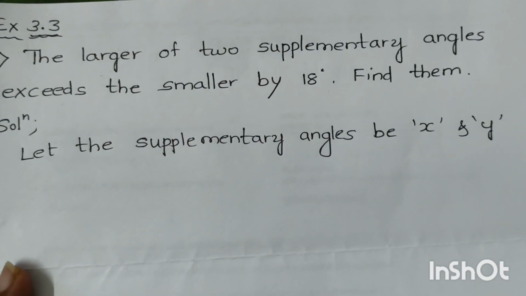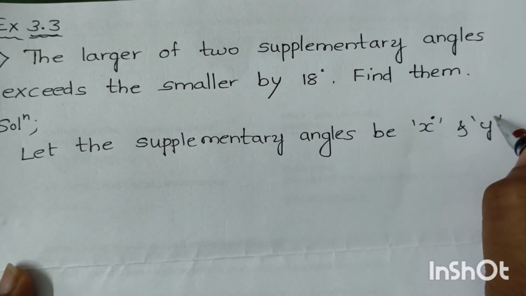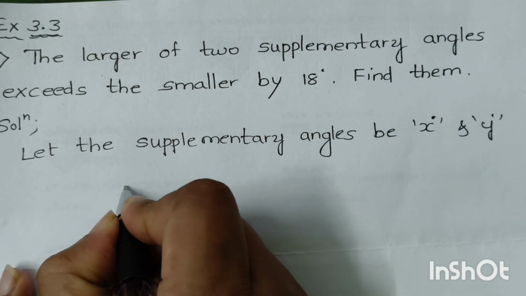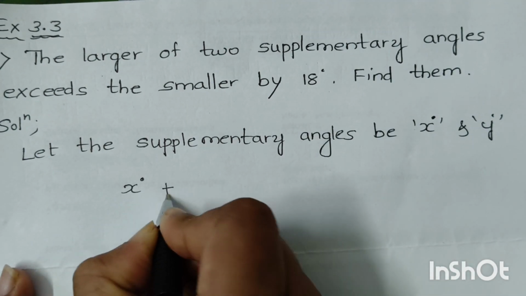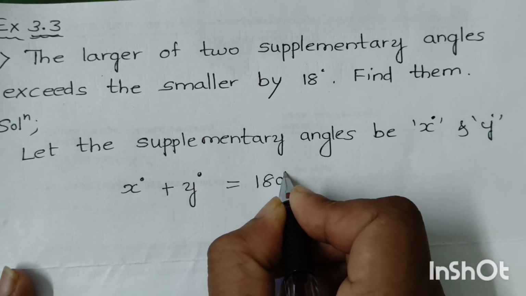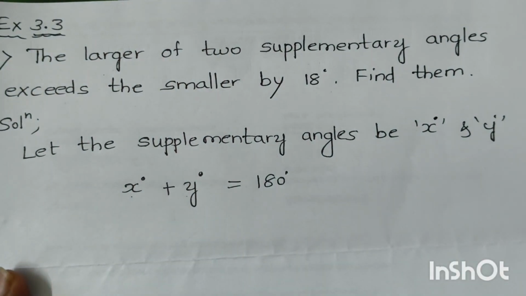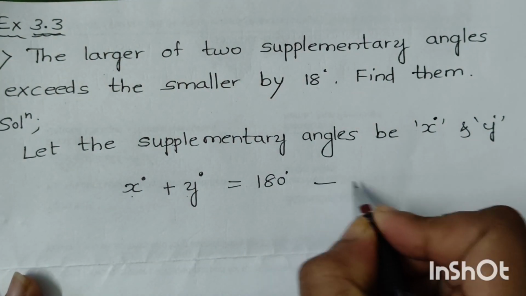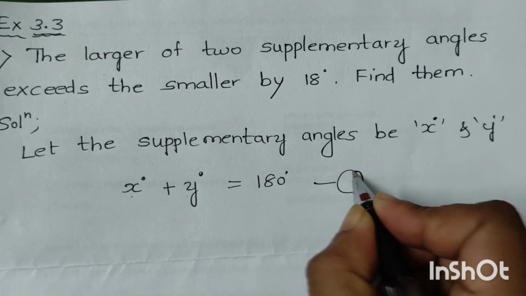Since these two are supplementary angles, we can write x degree plus y degree. Definitely it will become 180 degree because these two are supplementary angles. Let us consider this as equation 1.